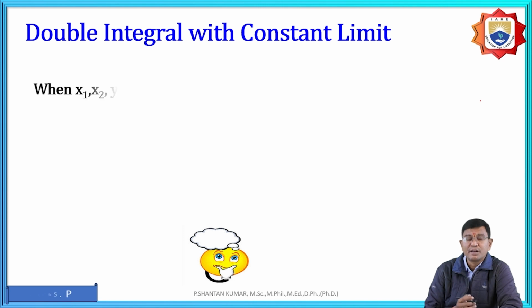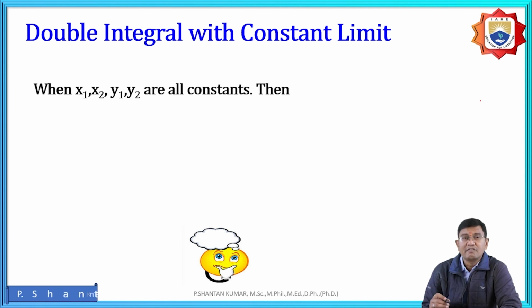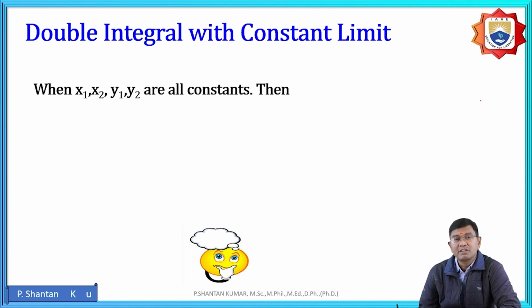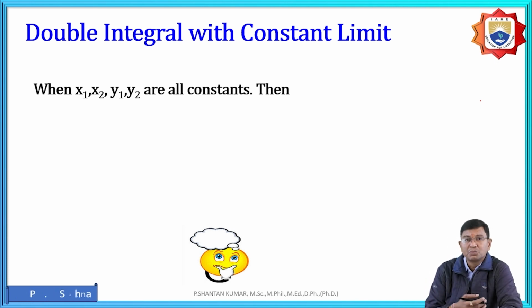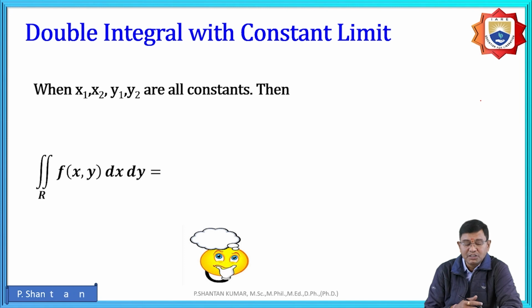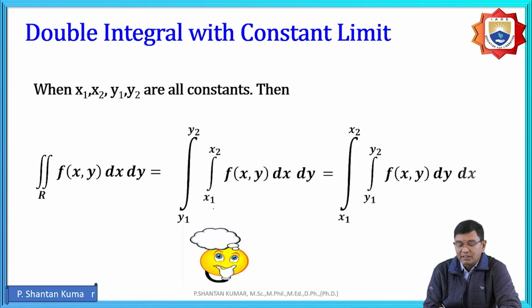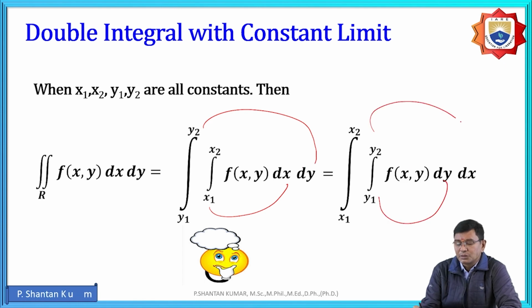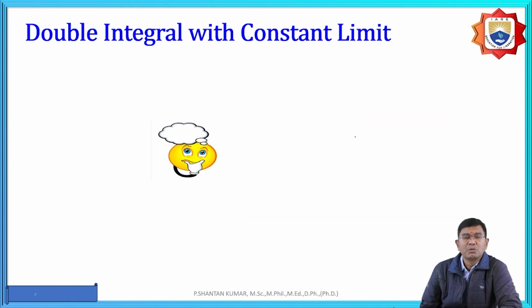And again here, for example, when x1 comma x2 and y1 comma y2 are all constants, that means whatever the previous two slides said, this is the conclusion. It is first integrating with respect to x and then with respect to y, and sometimes it is with respect to y and then with respect to x. And again both give the same result.